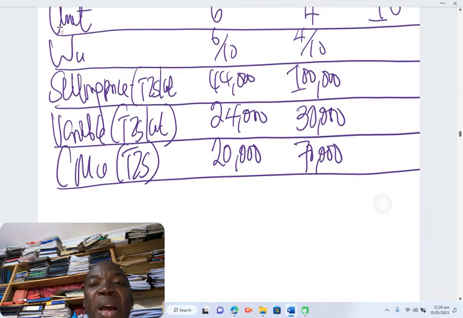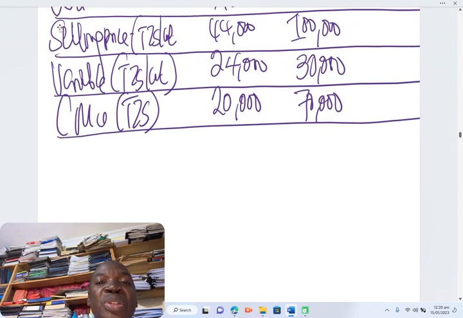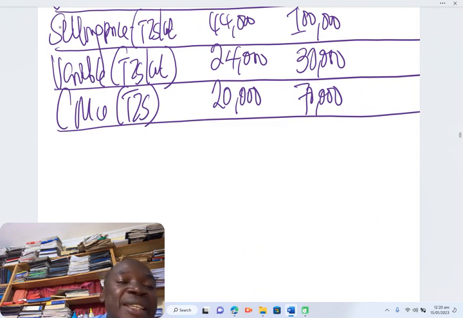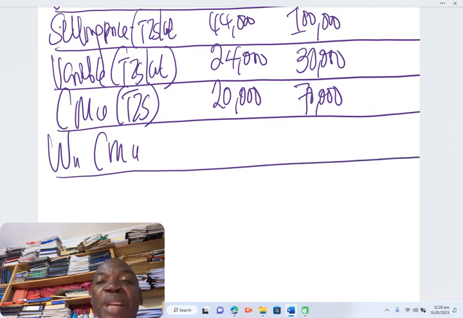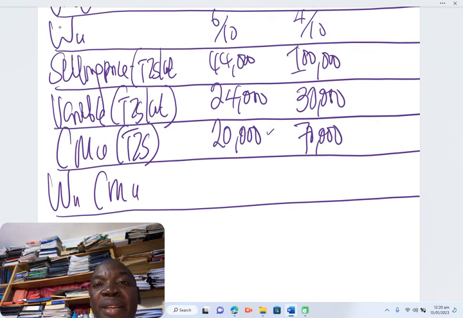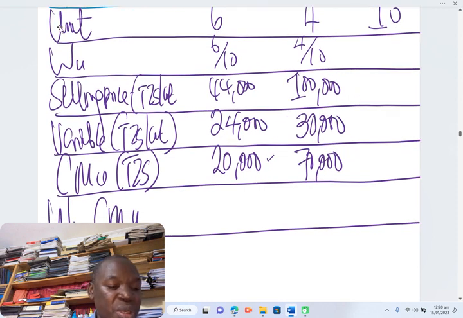So after having known this, we should go to weight by units times contribution margin. So you multiply 0.6 times 20,000. It is 12.